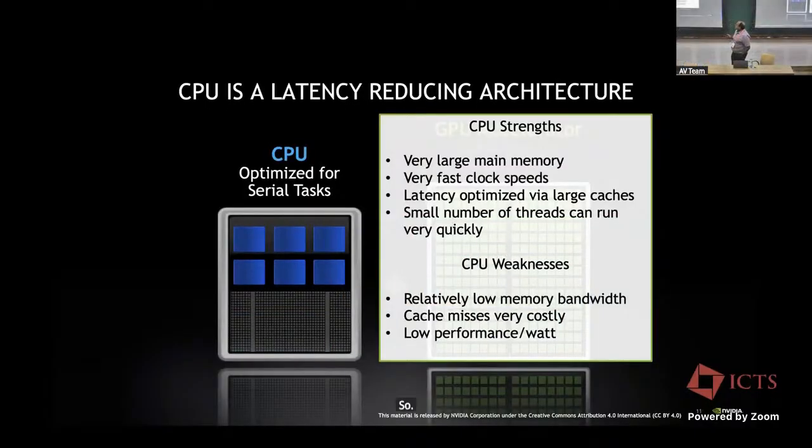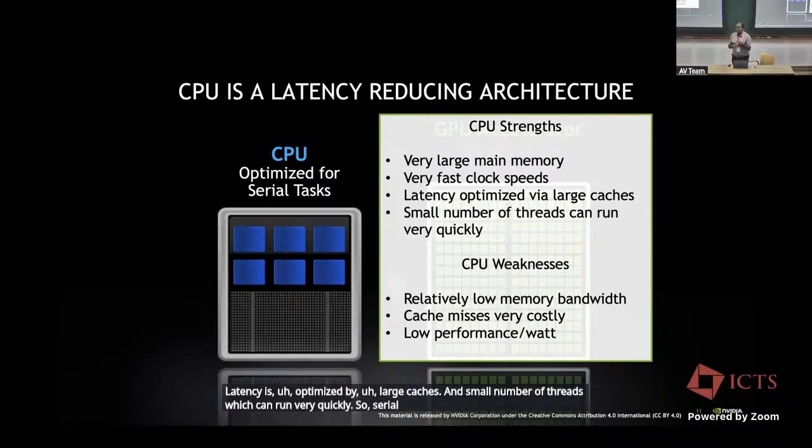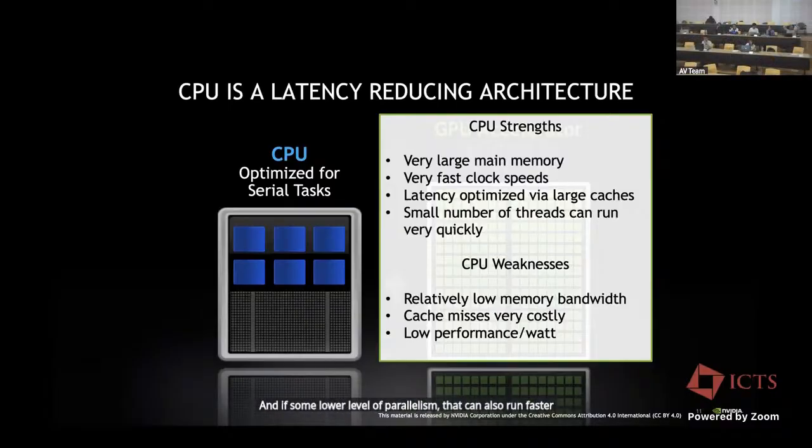Some of the things which come to mind for CPUs: very large main memory, very fast clock speeds. Latency is optimized by large caches, and a small number of threads which can run very quickly. So serial programming can run very fast on this, okay? And if there is some lower level of parallelism, that can also run faster.